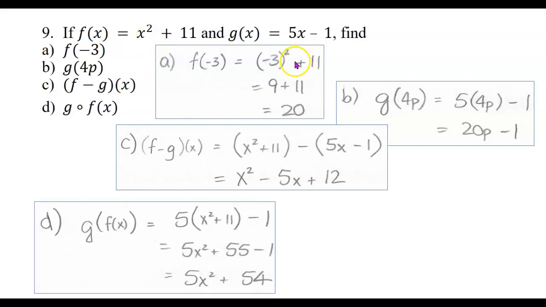Square it and add 11. So when you square negative 3, you get 9, and then you add 11, and you get 20. G of 4p. We are doing to 4p what g says to do to x. We're multiplying it by 5, and then we are subtracting 1, so we end up with 20p minus 1.